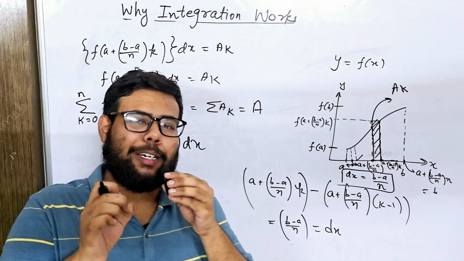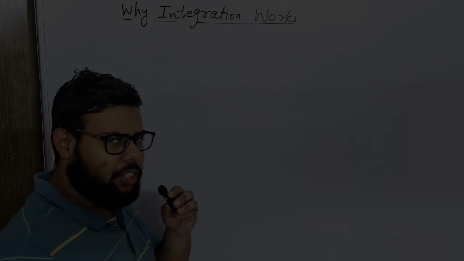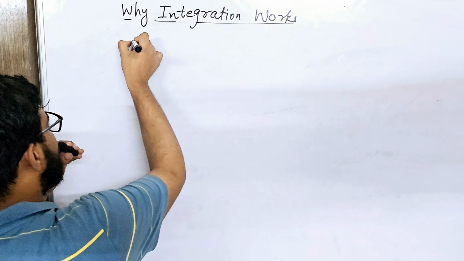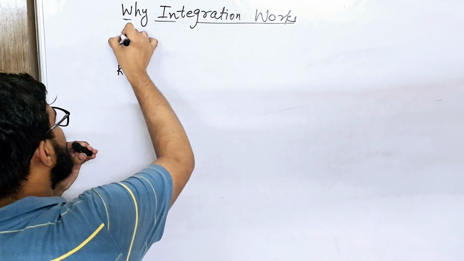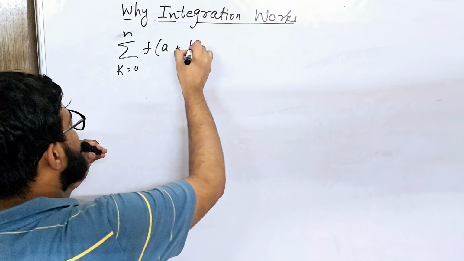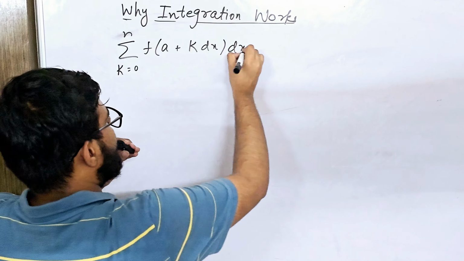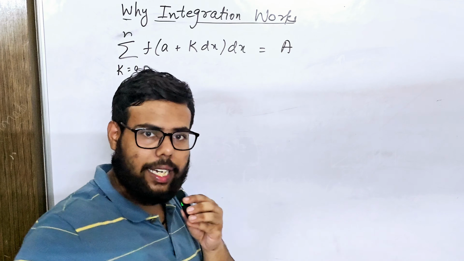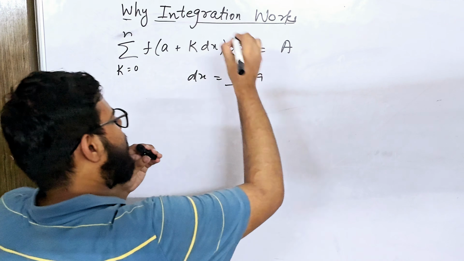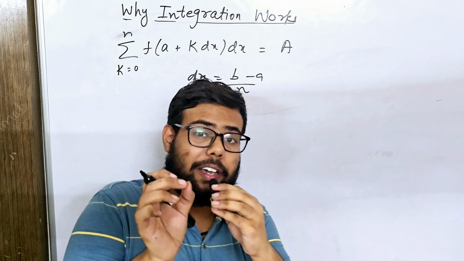Now let's take an example to understand it better. But before going to the problem, let's discuss one more thing. I had written the summation k equal to 0 to n, f of a plus k dx into dx is equal to the area, where I had stated dx is equal to b minus a by n. But how do we define n now?